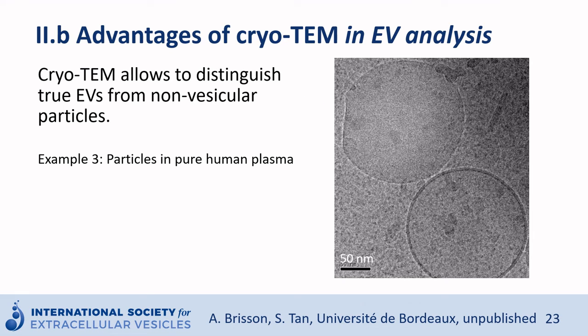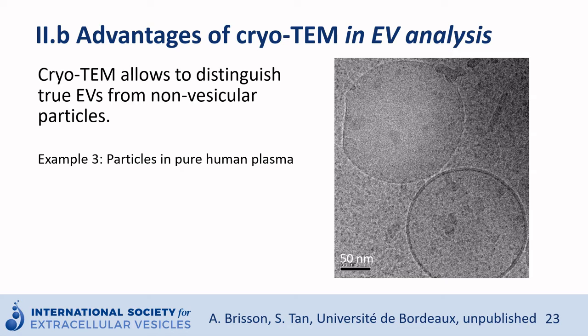Next example. This example illustrates the fact that cryo-EM allows us to distinguish true EVs from non-vesicular particles. Here there are two particles of about the same size, 200 nanometers, from human plasma. The particle on the bottom is surrounded by a lipid bilayer.